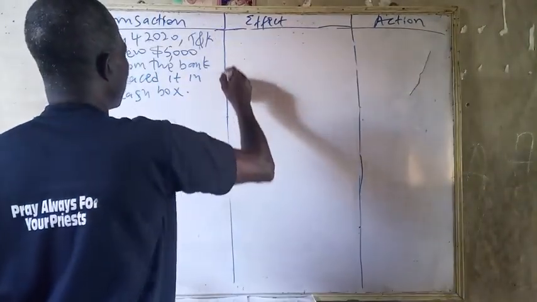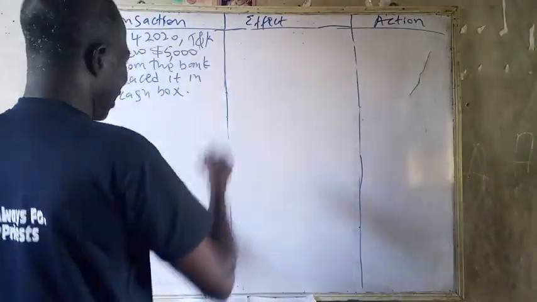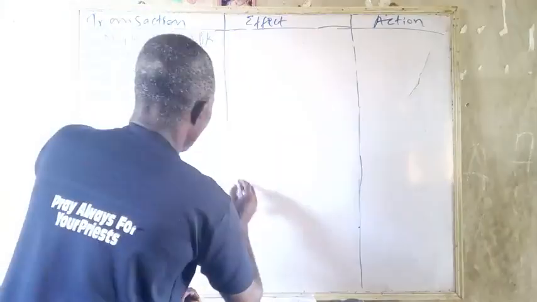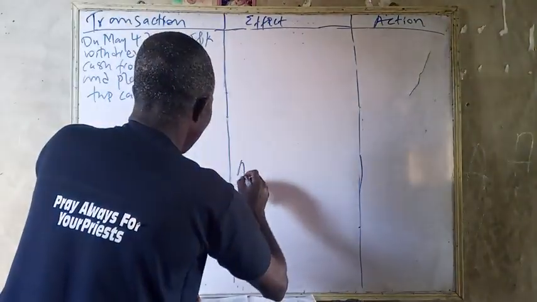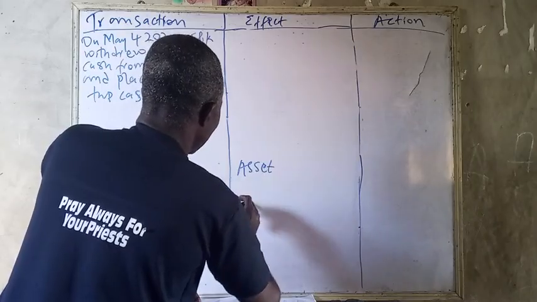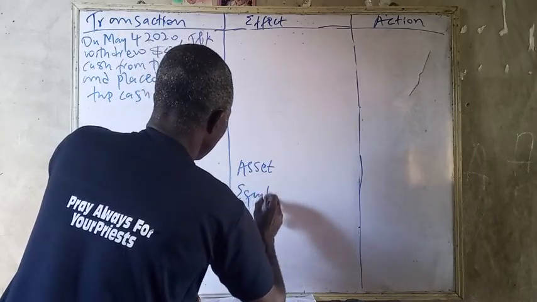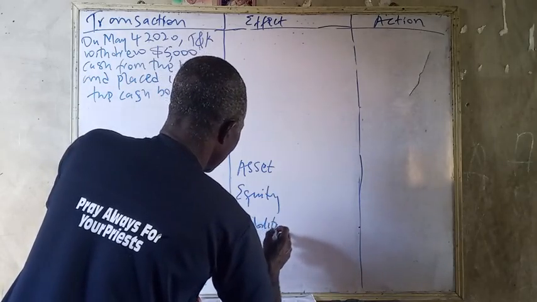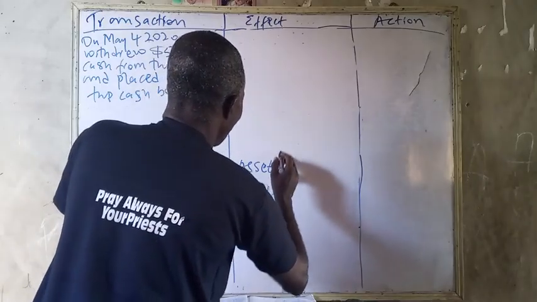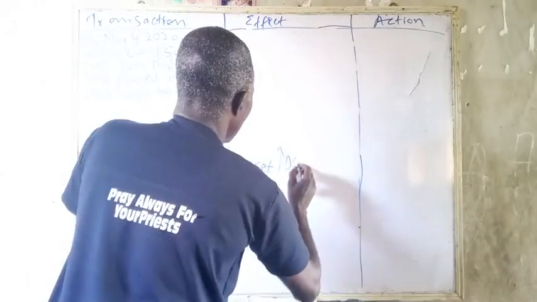So I repeat again for simplicity's sake. What we are covering in this video is assets, equity, liability. Assets increase, you debit.